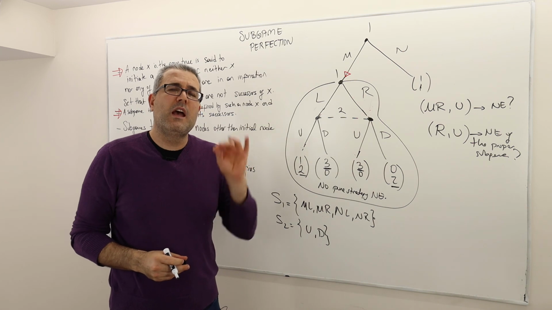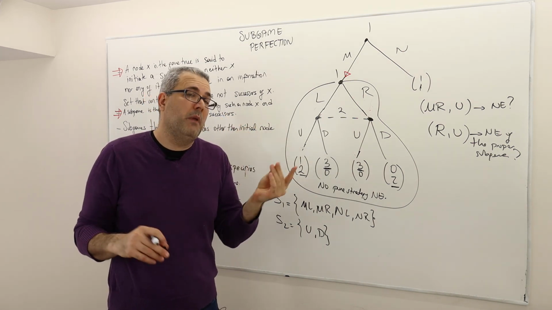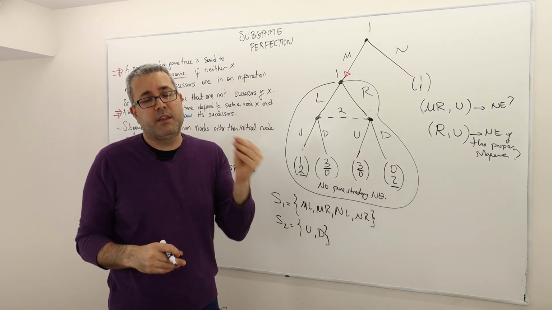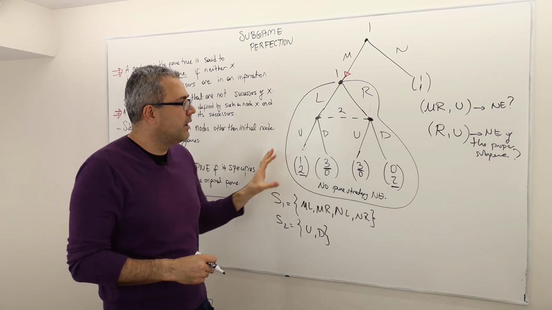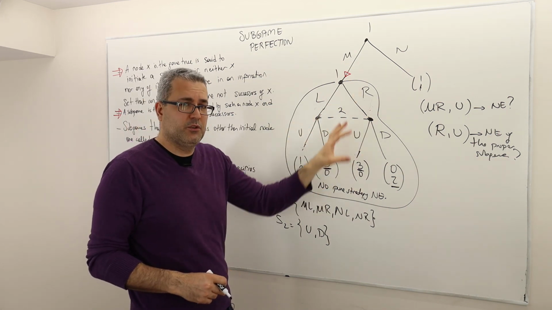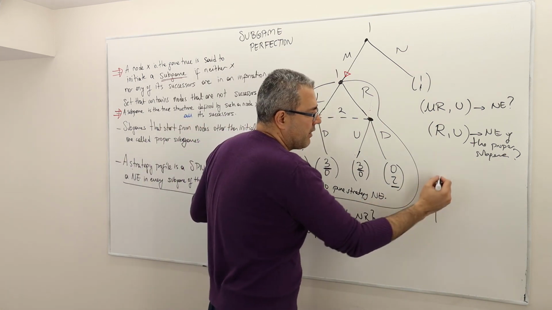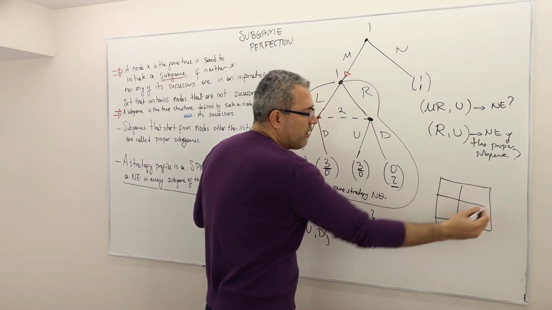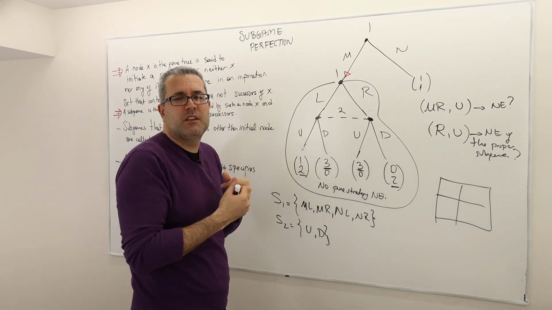All right, but what does that mean? Remember, every finite game has a Nash equilibrium. Maybe not in pure strategies, but then it has to have a mixed strategy Nash equilibrium. So I have to find the mixed strategy Nash equilibrium of this. How can I do that? Simple. I am not going to solve it, but just write the normal form representation, with p's and q's, and find the mixed strategy Nash.